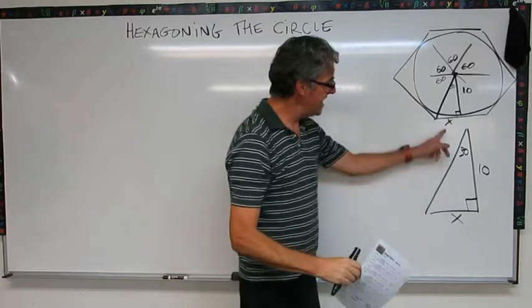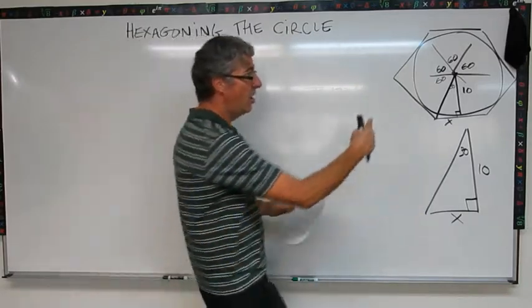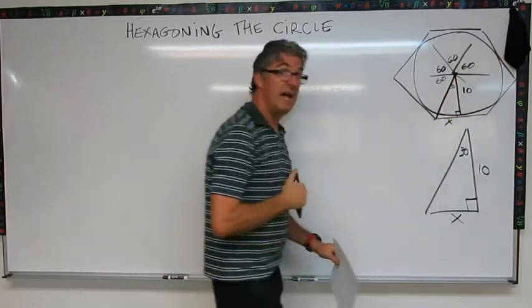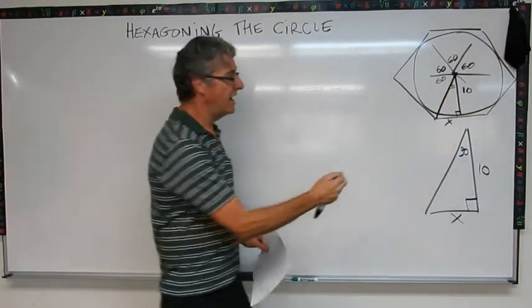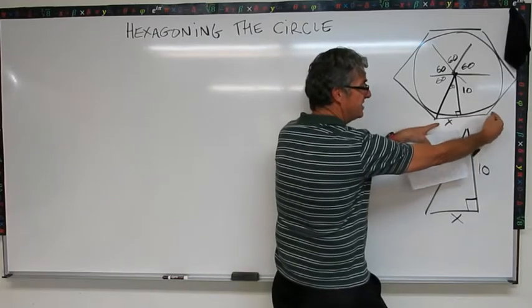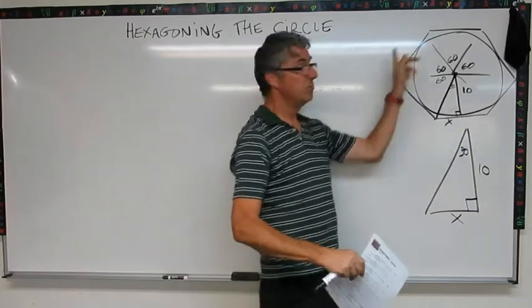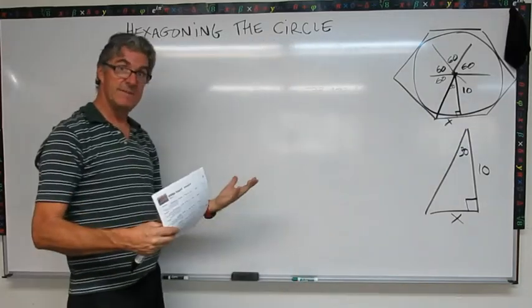If I know this x, then I can just multiply it by 12 to get all the way around the hexagon. How do I know 12? Well, I know that this is half of this whole side. There's 6 of these whole sides in the hexagon, so 12 x's would get me all the way around and give me the perimeter.